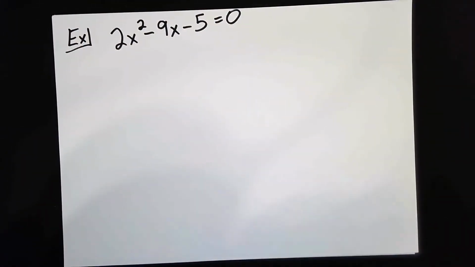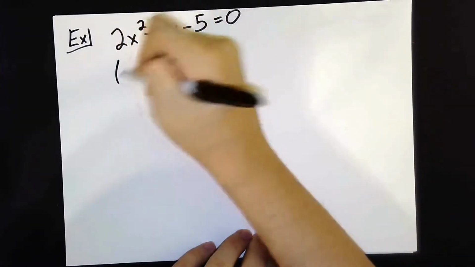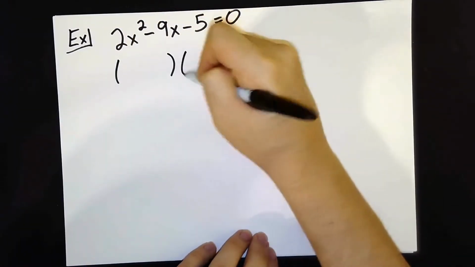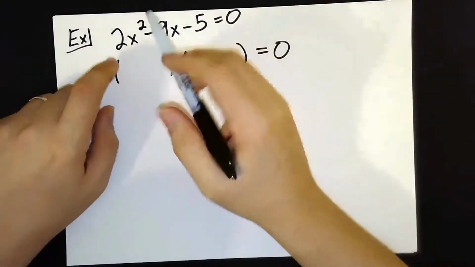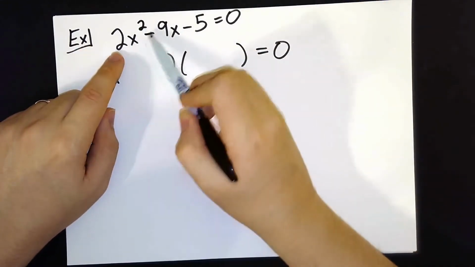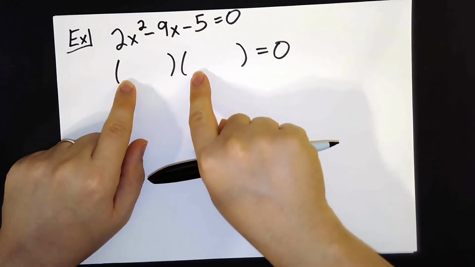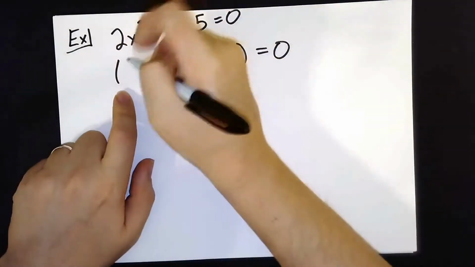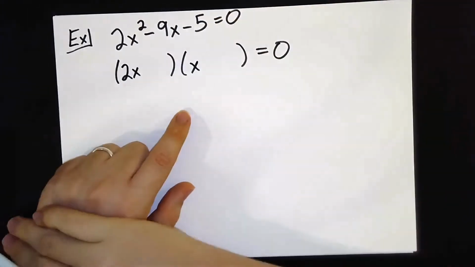Namely, the thing that changes is how we're going to set up our product here. I now need the front terms to multiply to be 2x squared. So I cannot put an x here and an x here like I did last time. I have to instead start with a 2x and an x.